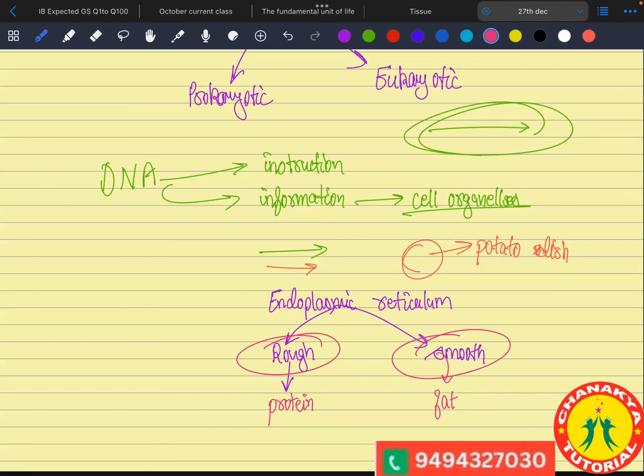Likewise, there is a defined function of Golgi bodies. There are Golgi bodies inside the cell.